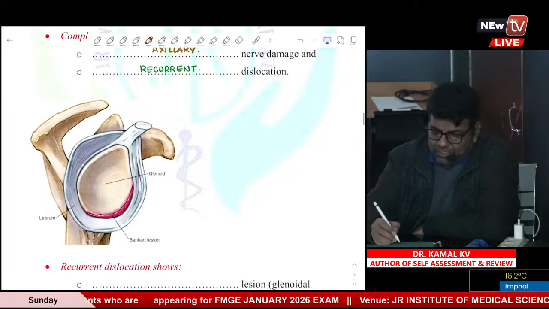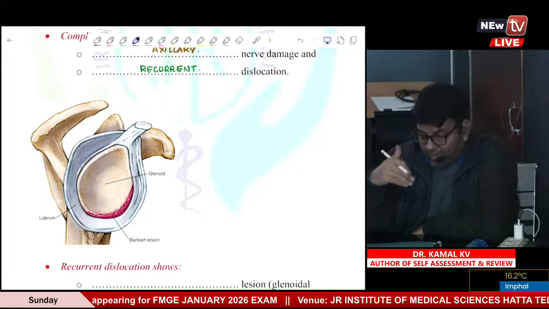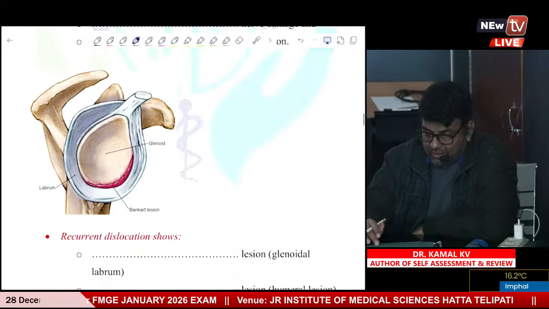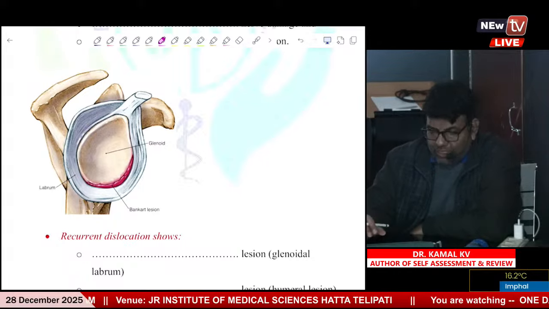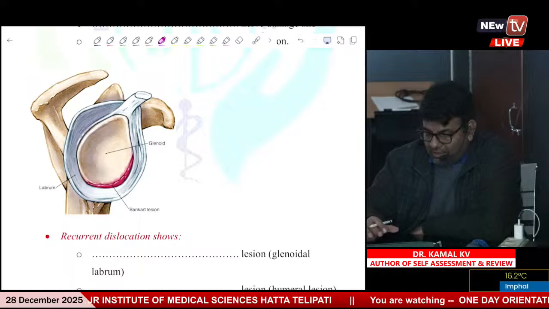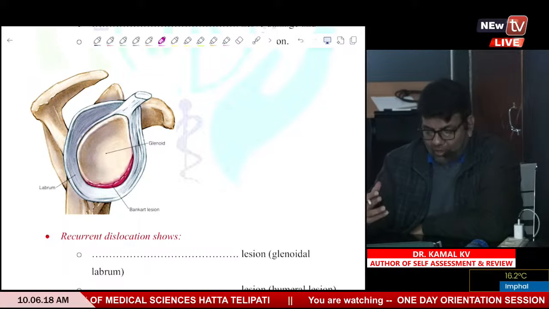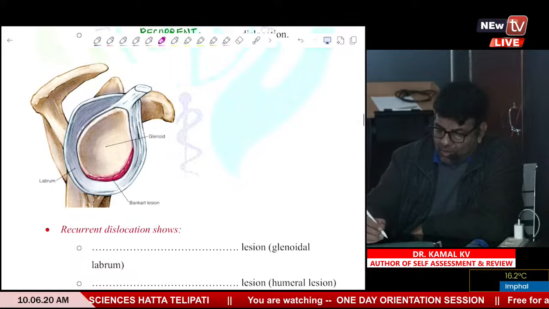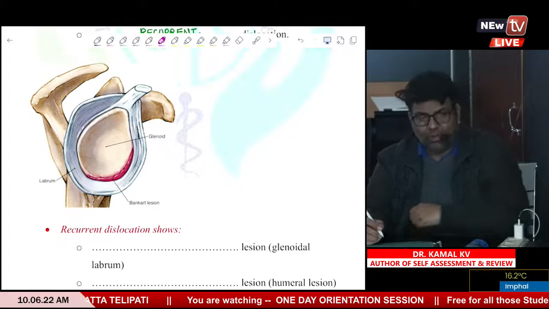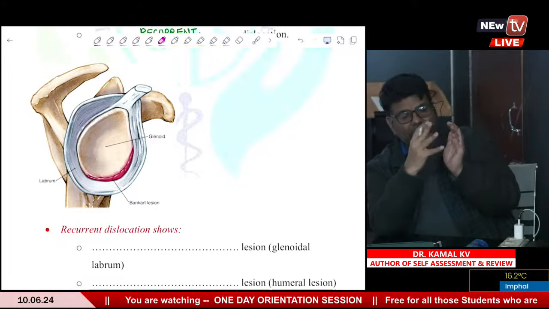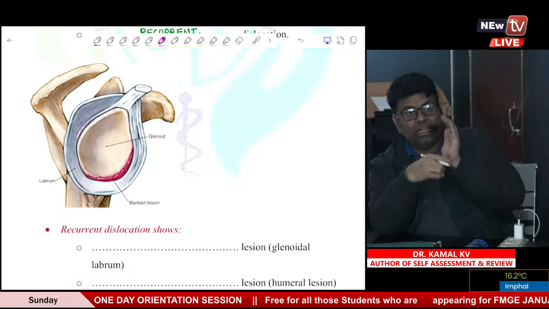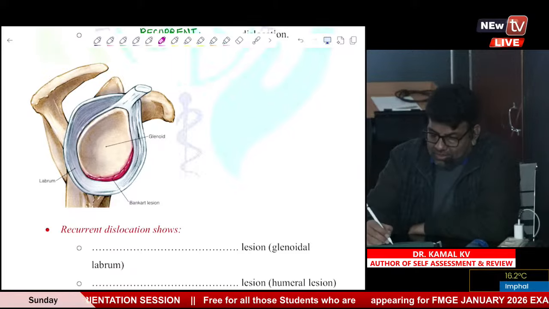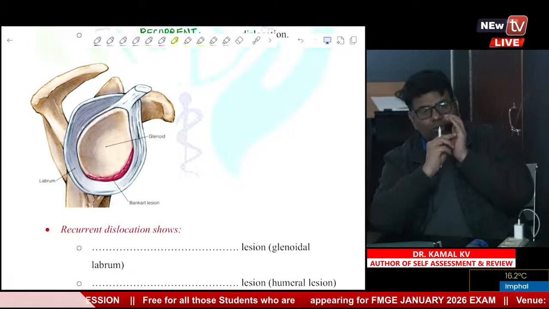Now what are the changes which we see in a case of recurrent shoulder dislocation? There is some change to the glenoid component, there is some change in the humeral head component. Now what happens? The glenoid cavity is deepened by a fibro cartilaginous labrum. So what happens when the head of humerus is dislocating again and again?